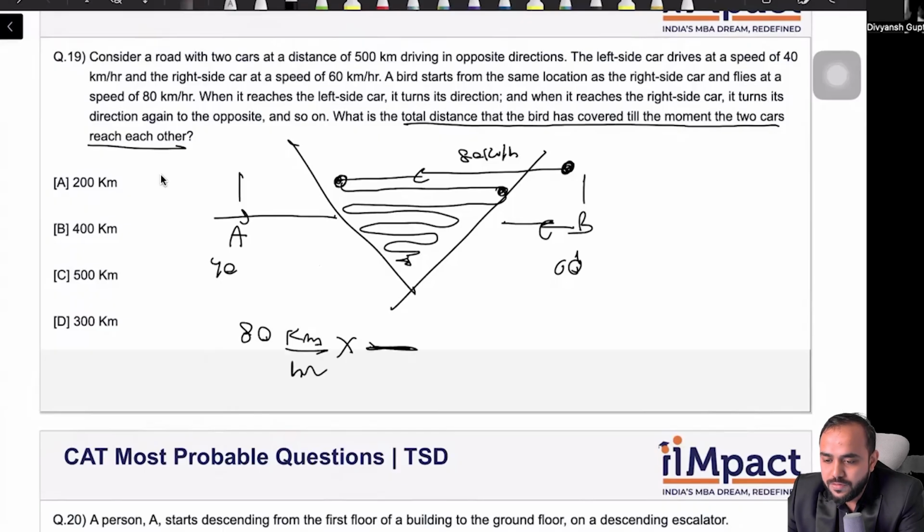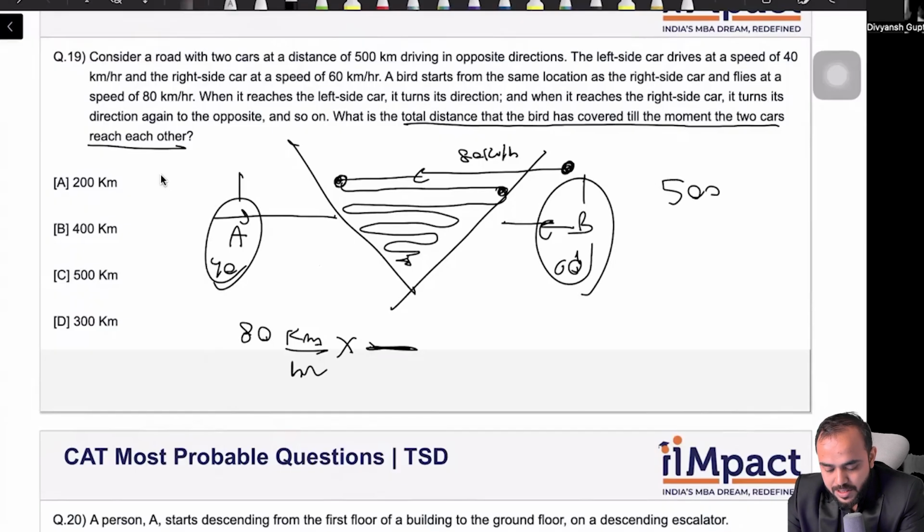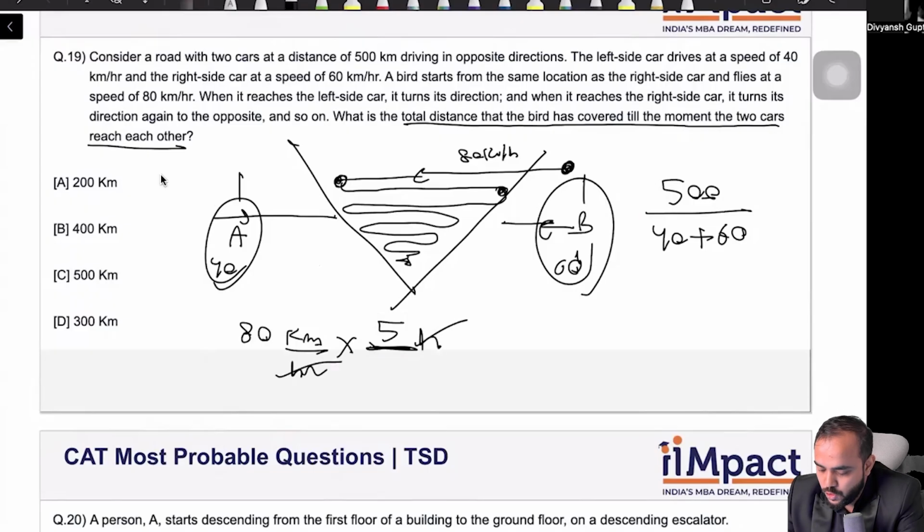This duration is all we have to find. And isn't this duration the time to meet for these two cars? So the distance is 500 and the relative speed is 40 plus 60. So the time to meet is going to be 5 hours, which means the bird will travel 80 into 5, that is 400 kilometers, or option number B.